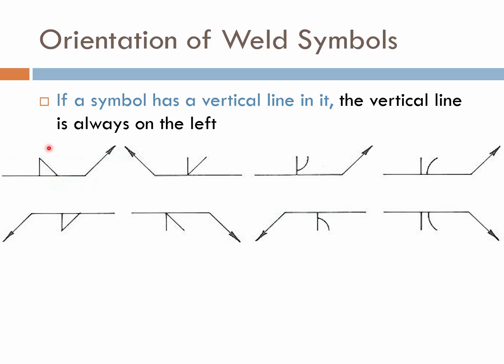It'll never be over here. It'll always be over there. Same thing with a bevel. Your vertical line will always be on the left, like here and here, okay? So just don't let that screw you up.